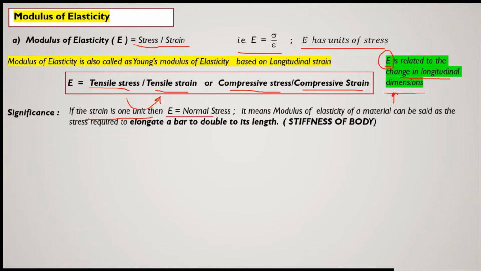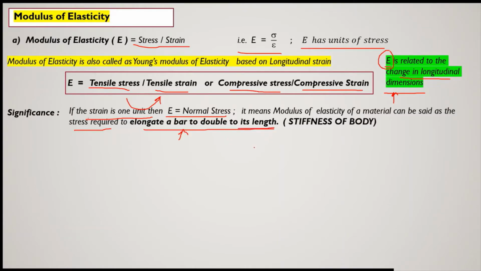So E will be equal to normal stress. It means the modulus of elasticity of a material can be equal to the stress required to elongate a bar, here you can say like a steel wire, to double its length.